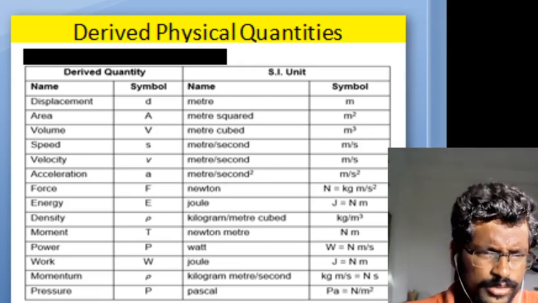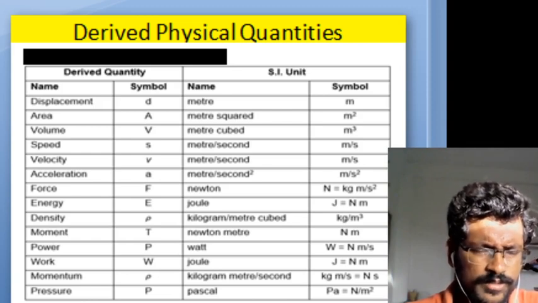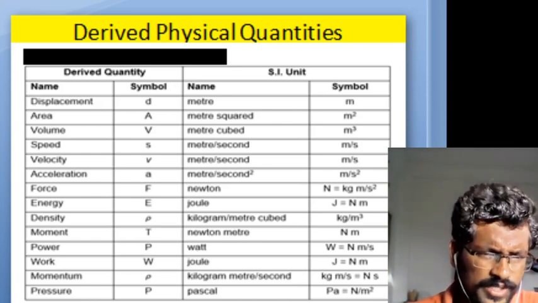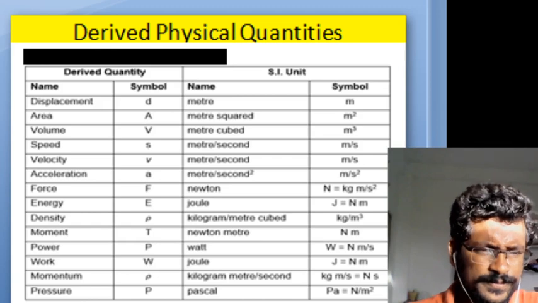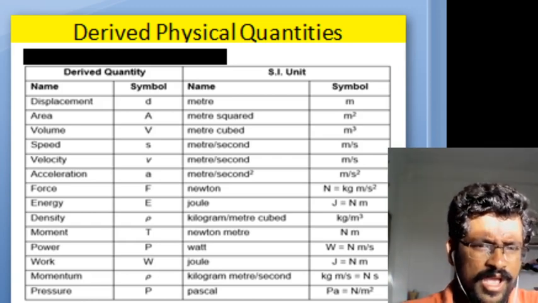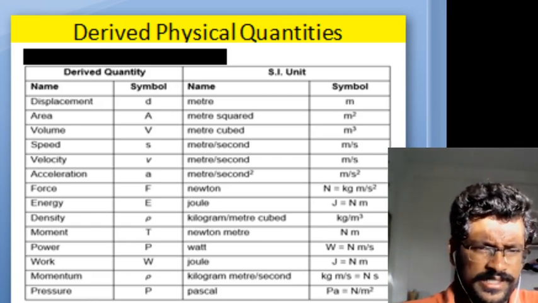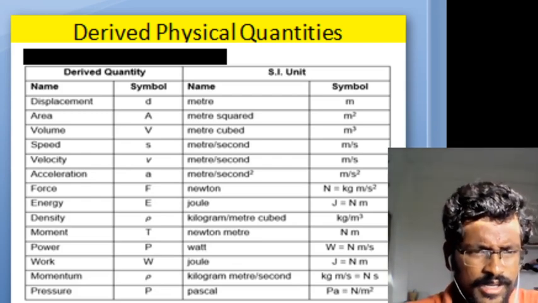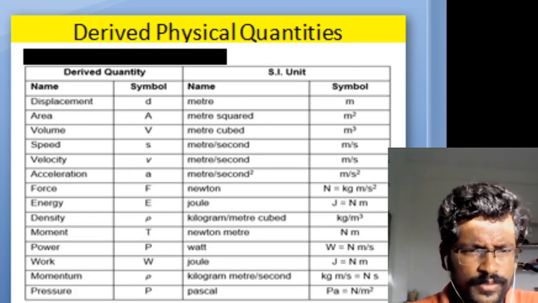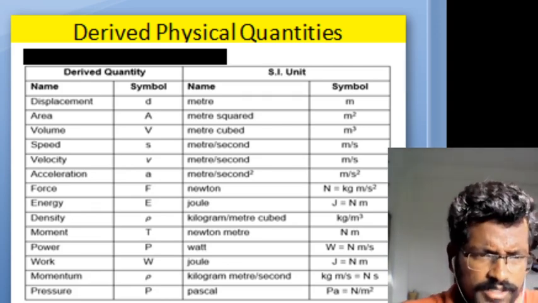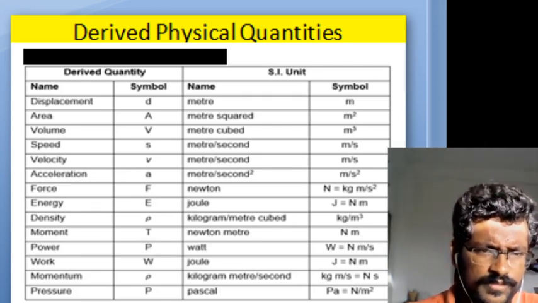Now we are going to discuss about the pressure. Pressure is denoted by P, defined as a unit force per area. A unit force applied per area is called pressure. The SI units of the pressure is Pascal.